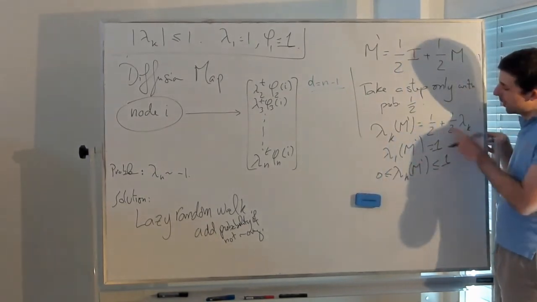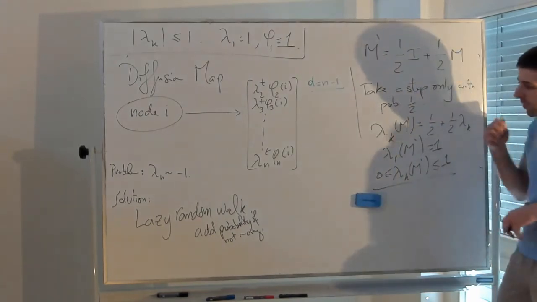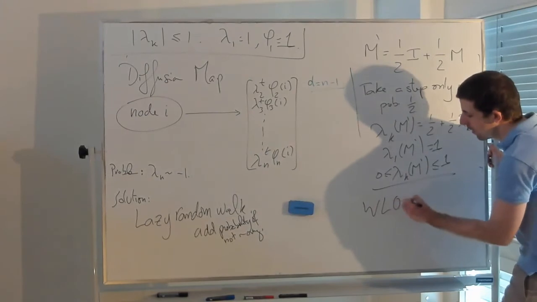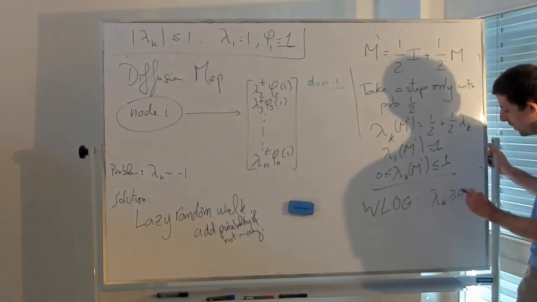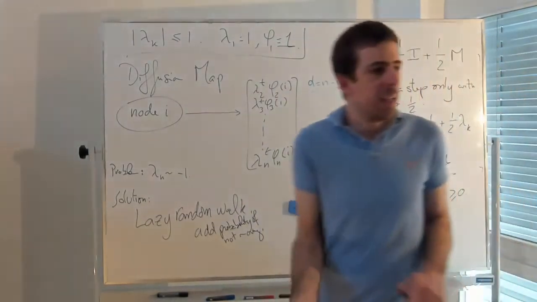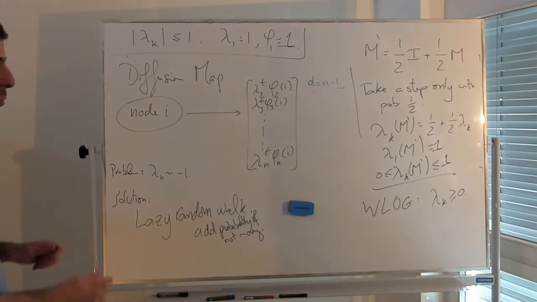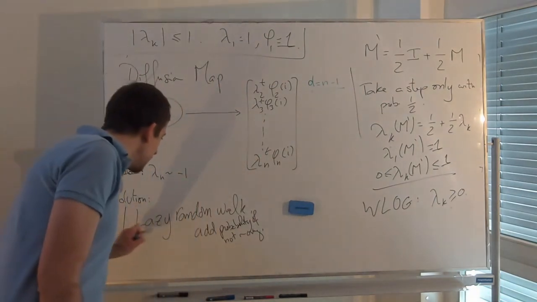If they were minus 1, they become 0. If they were 1, they stay at 1. So now they're all between 0 and 1. And so without loss of generality, we're going to assume that all the eigenvalues are bigger or equal than 0. And usually when I get a data set, if they're not bigger or equal than 0, then I just make the random walk lazy this way. I just take instead the lazy random walk.